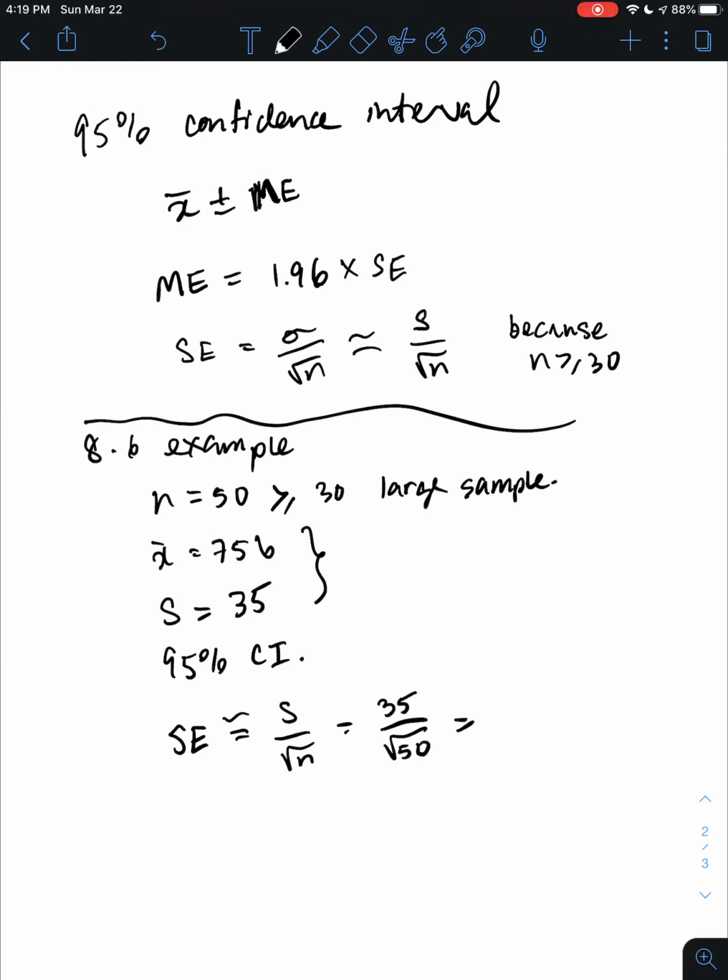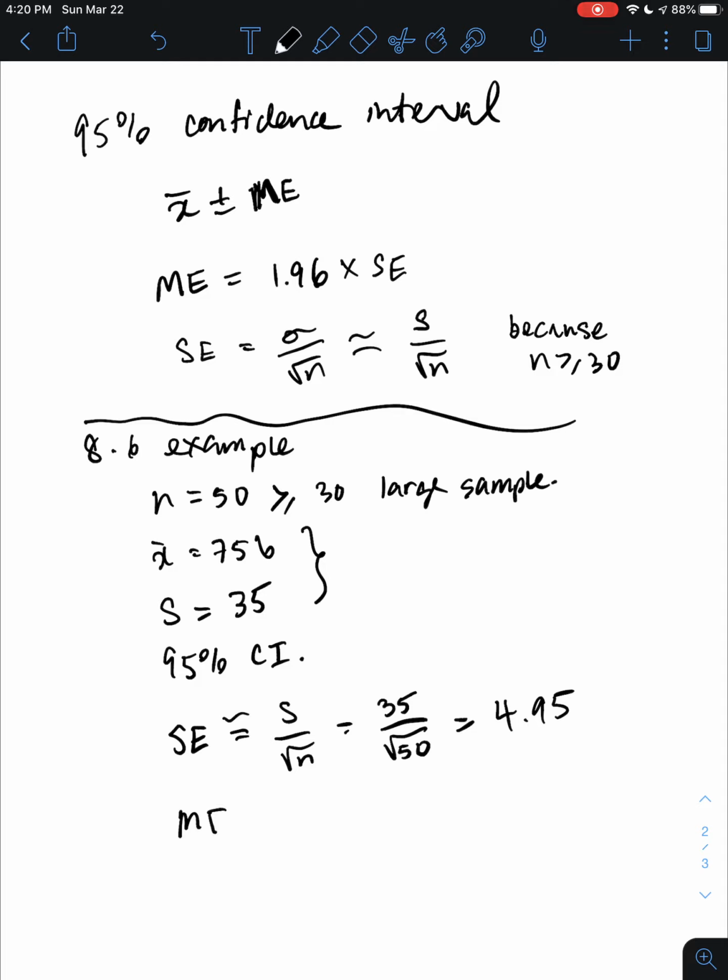That's going to be very close to 5, but let's get the exact result. It's 4.95, let's say. So that's our standard error for this situation.